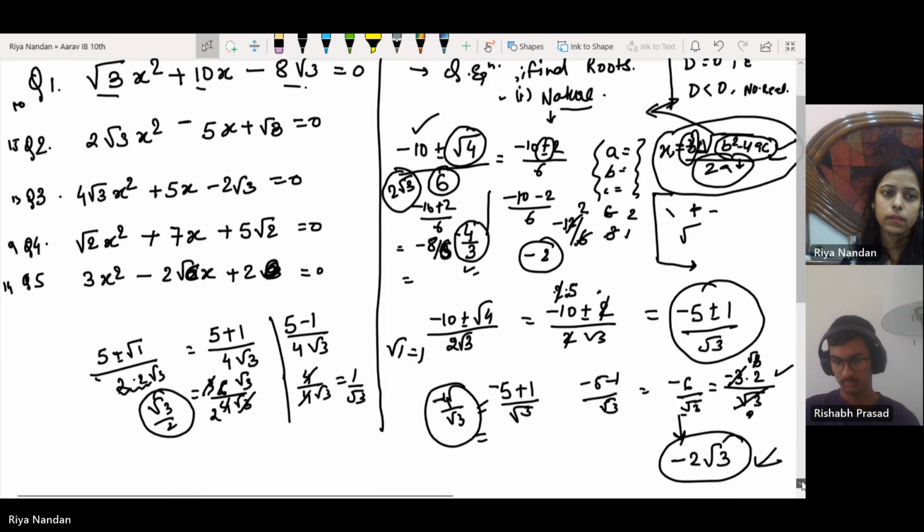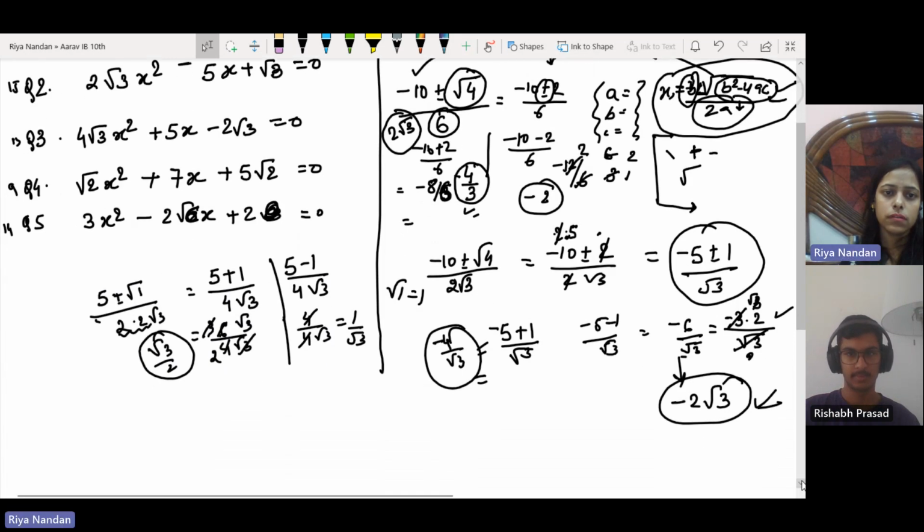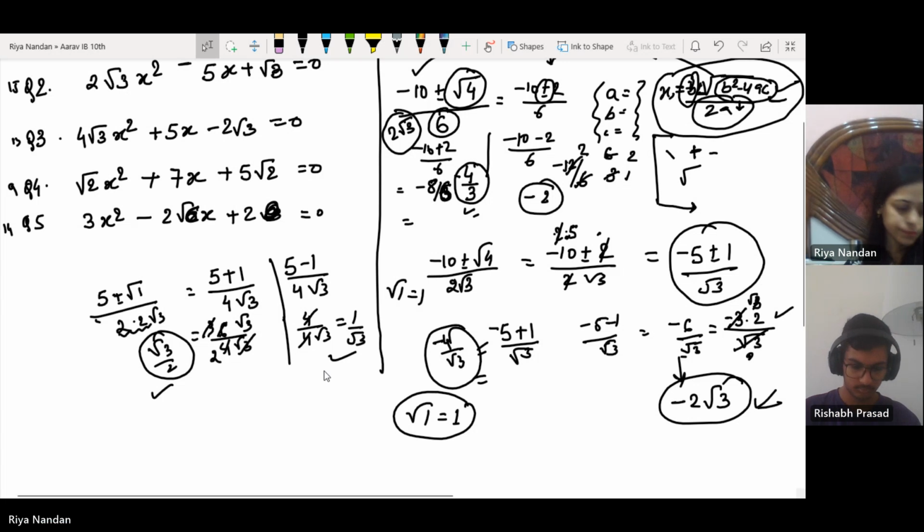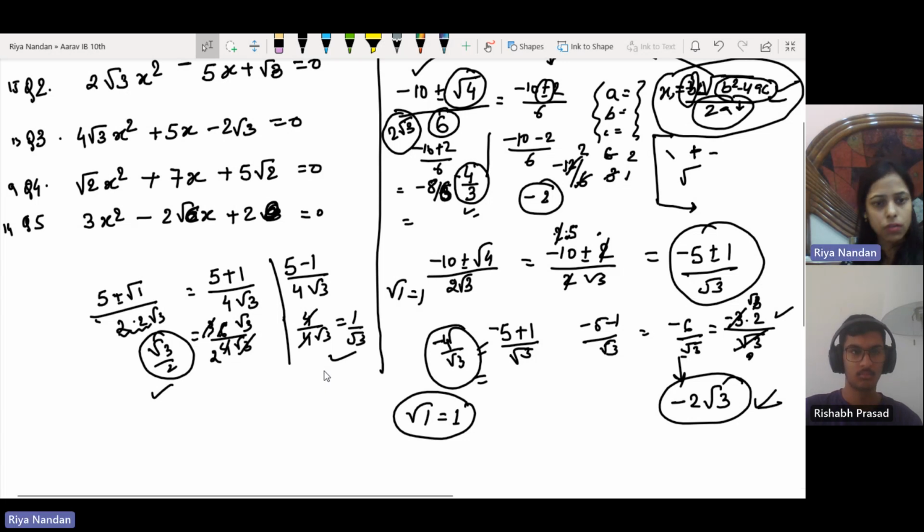It's very good. How to solve it? So what is the nature? You are getting root 1, and root 1 is equal to 1. Real and unequal roots, because we are getting two unequal roots, right? You are solving correctly, but you just have to simplify the value.